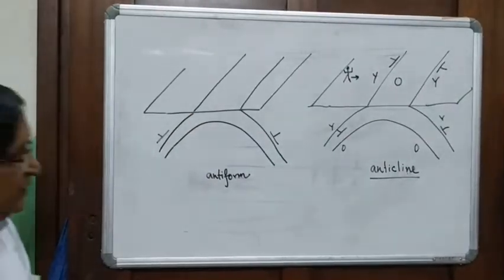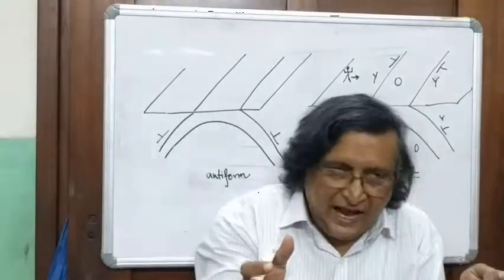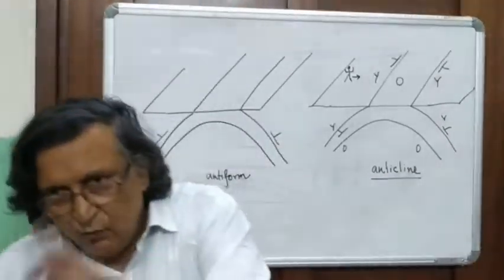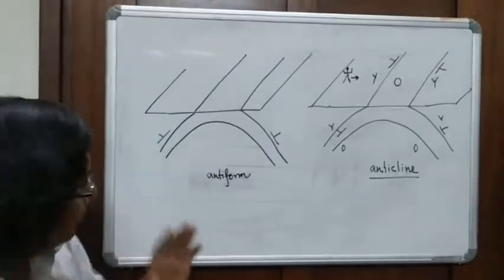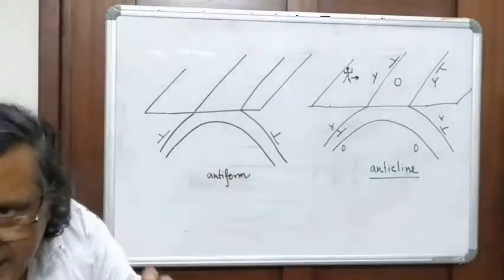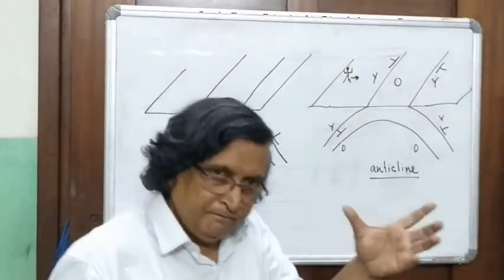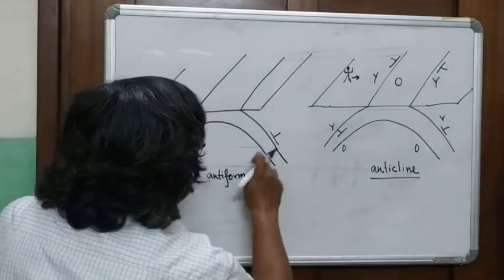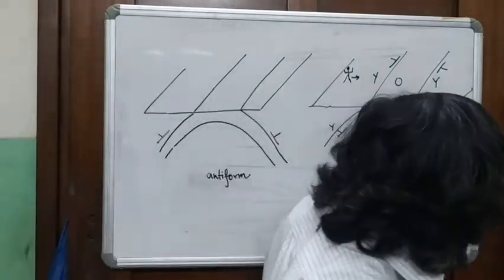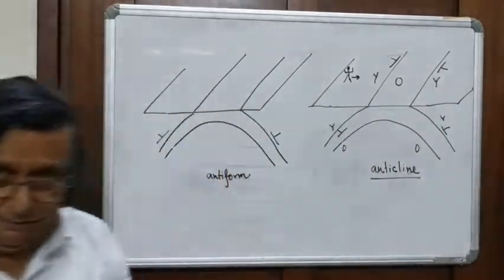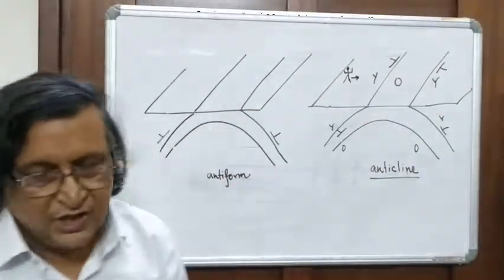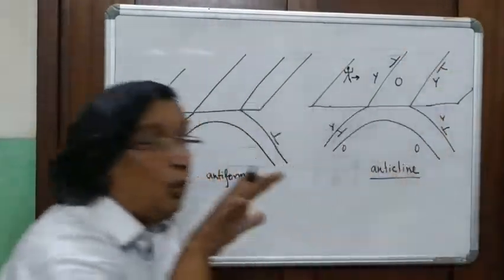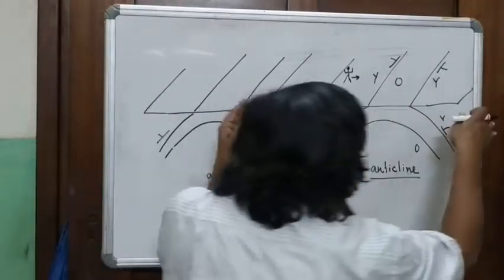Now remember one thing, you don't have just a single antiform. You may have rare instances, but normally you have antiforms and the corresponding counterpart. So once again, an antiform is based only on form. The age distribution or the stratigraphy is not important. For an anticline, the stratigraphy is important: the younger rocks at the flanks and the older rocks at the core, and the limbs dip away from each other.